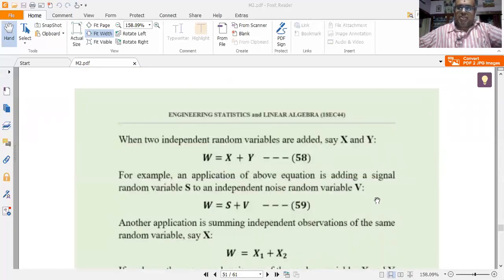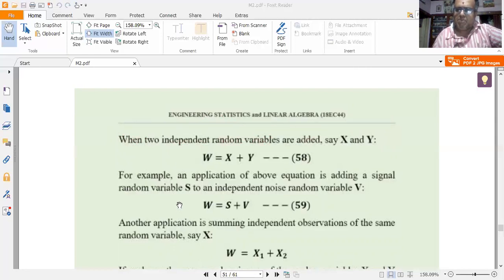So here an equation of this sort is obtained by adding a signal random variable S to an independent noise random variable capital V. Here I would like to stress one important fact, because you have not yet studied communication engineering.